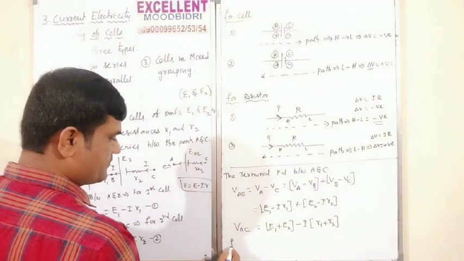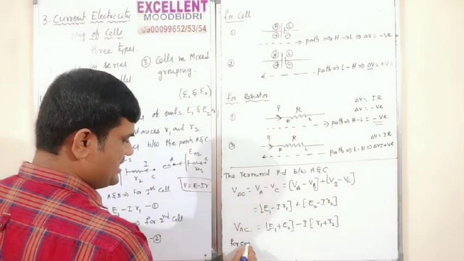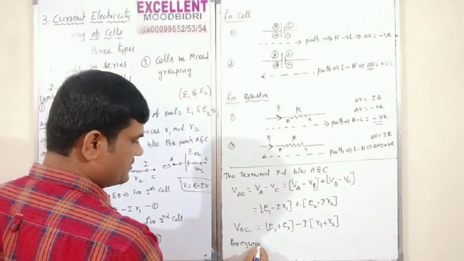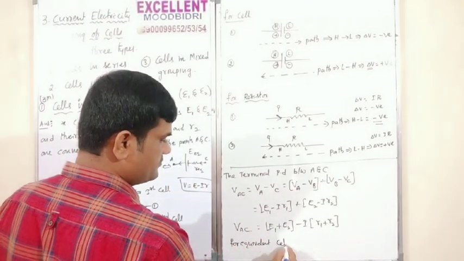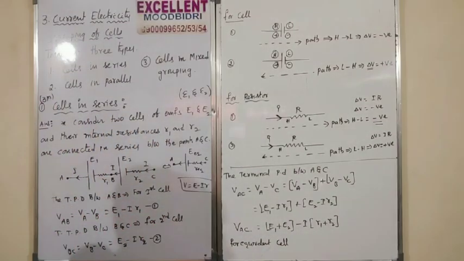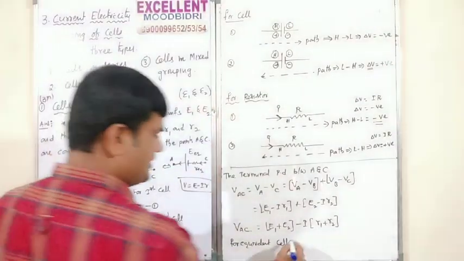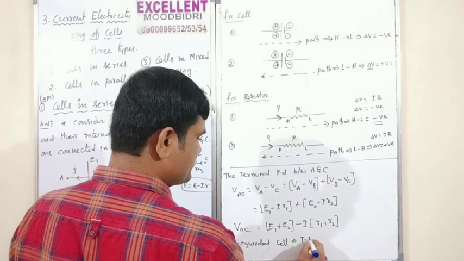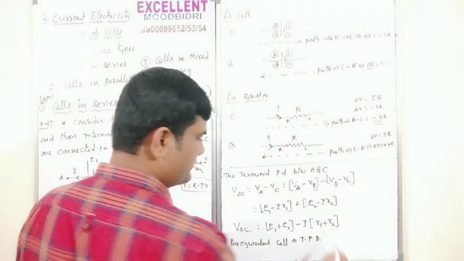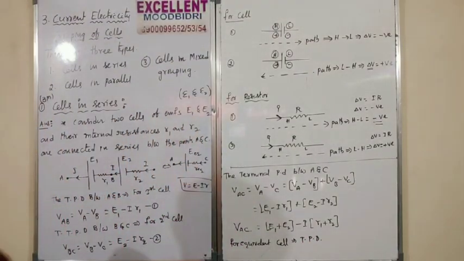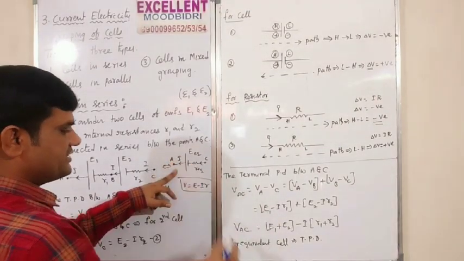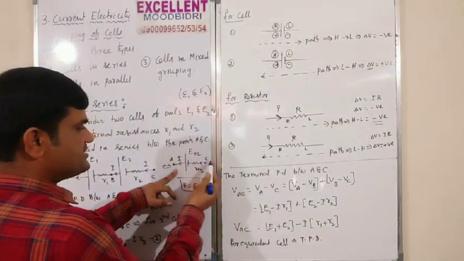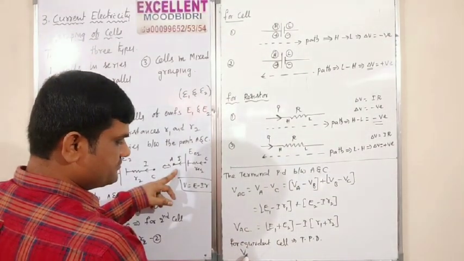Similarly, for the equivalent cell, not a resistance, the equivalent cell's terminal potential difference. Current is same only, I. Therefore, what is the formula?